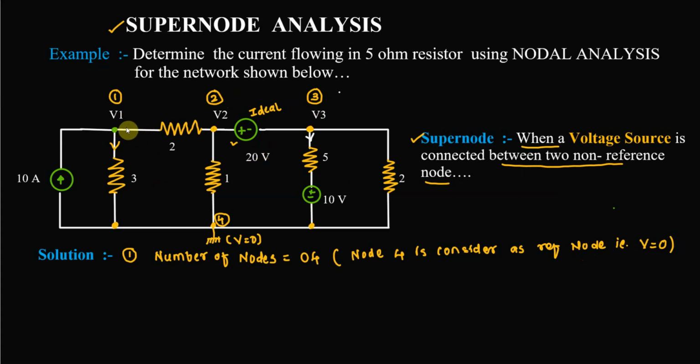Now in the second step we will assign the voltage. We have already assigned the voltage. At node 1 the voltage is V1, here the voltage is V2, and at node 3 the voltage is V3.